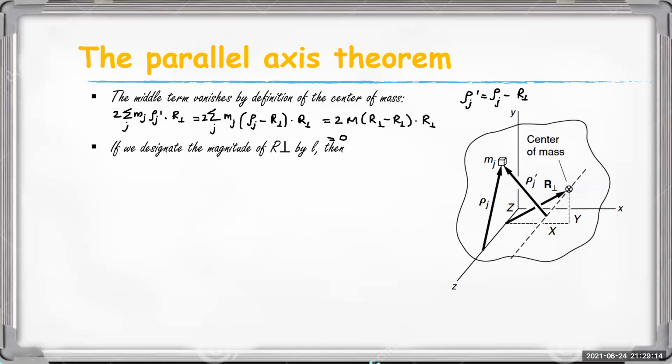So the I must be equal to, we have mentioned that the first term is equal to I0, and if we take r perpendicular as L, then I is equal to I0 plus m into L square.